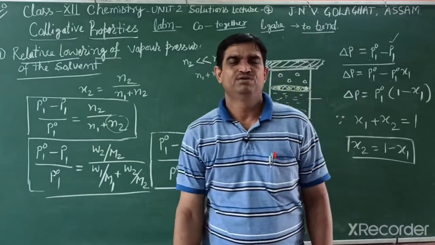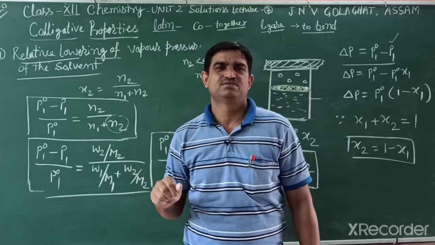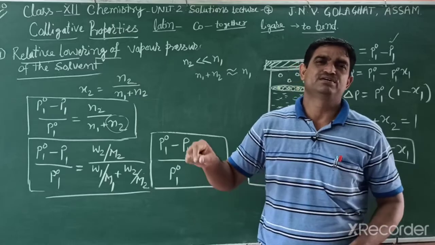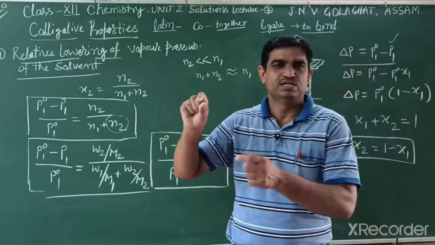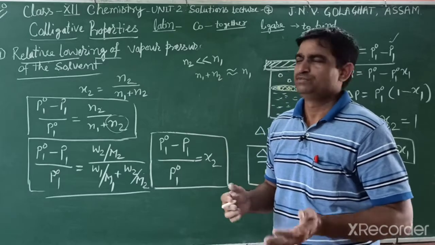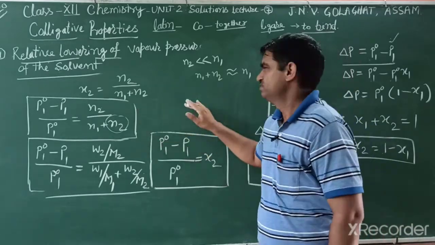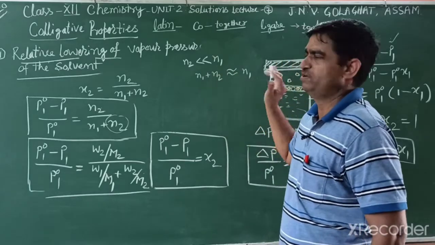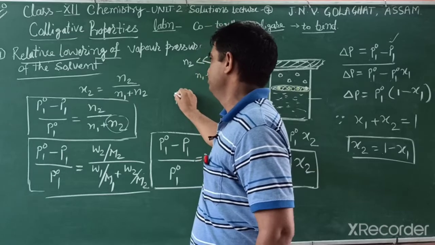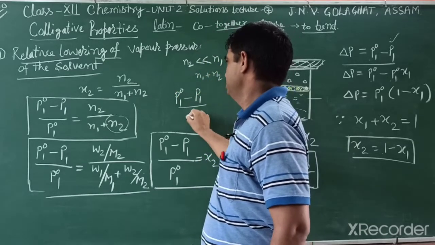For example, if I put 1 spoon of salt in a 5000 liter water tank, then that 1 spoon of salt is very, very little, negligible. So we write this equation if the solution is very, very dilute.